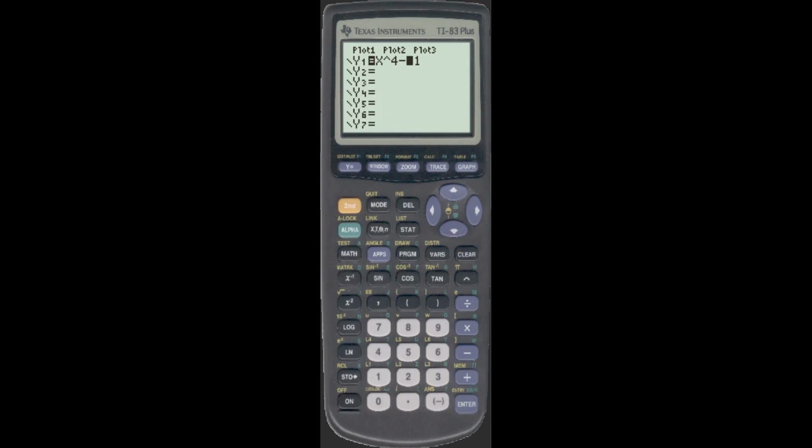But I'd like you to graph this equation. Tell me the two roots that you see. Okay, now it's working. And then go to second table.